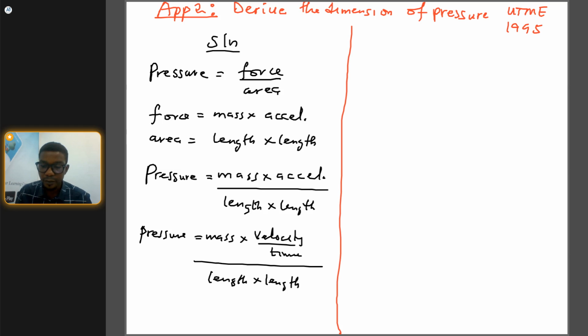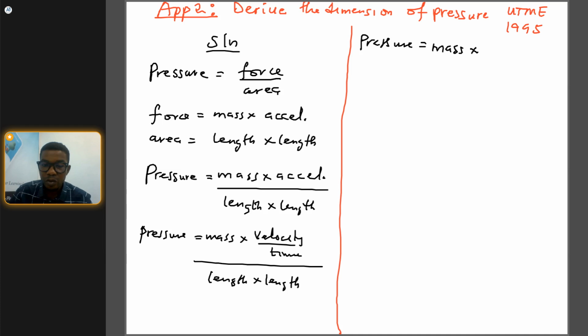All right, so I believe we are on the same page. So pressure will now be equal to, we have to still simplify velocity. It's always good that you have all those formulas in your mind because you'll be using them often. Velocity has its own formula also, which is displacement over time.